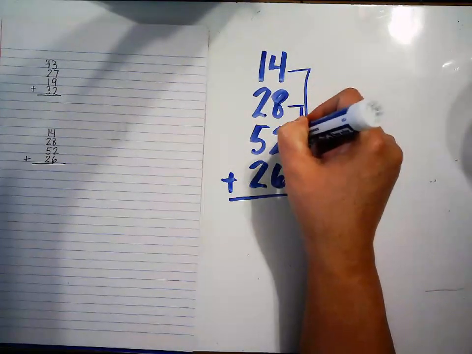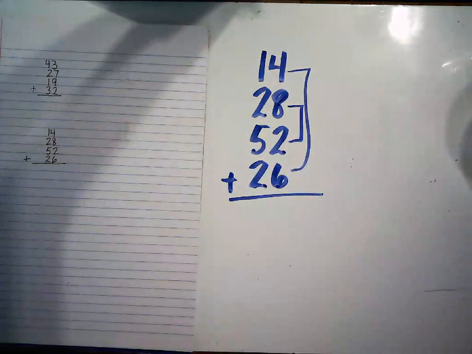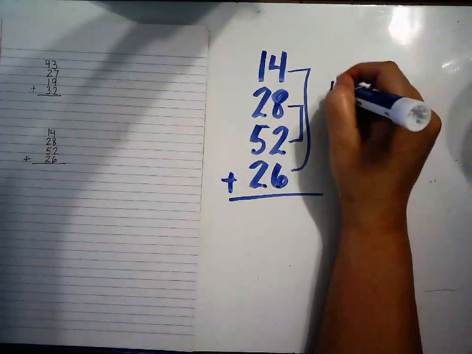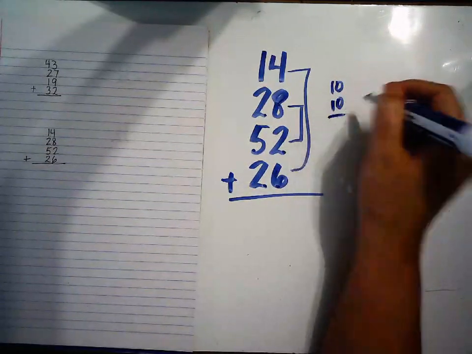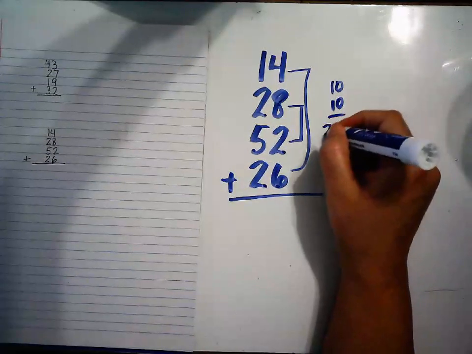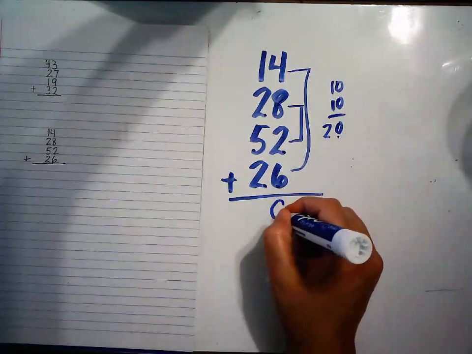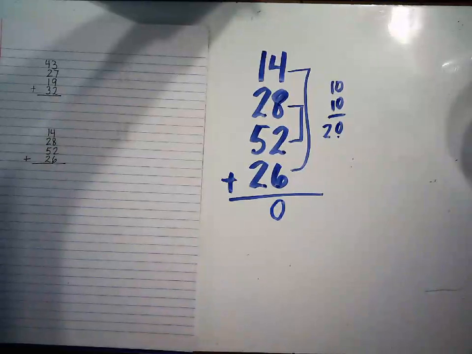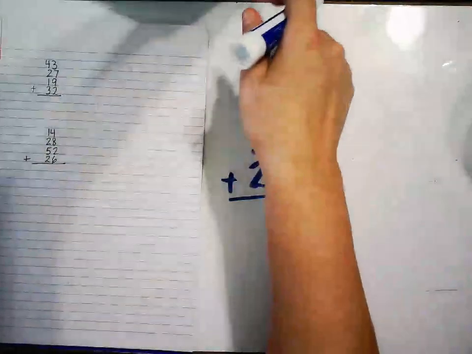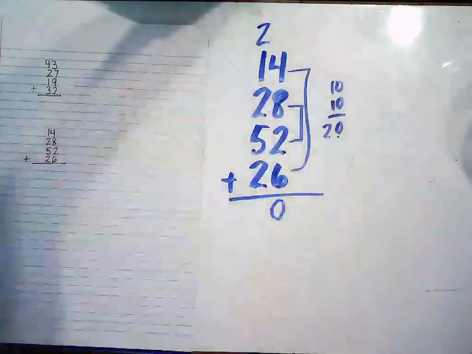And this 8 with this 2 is going to give me a 10. So I could use my mental strategies and say 10 plus 10 equals 20, or I can write it down if I need to. You just have to remember that the 1s goes as the answer, and the 10s, since we haven't added the 10s, you have to put your 10s up here.